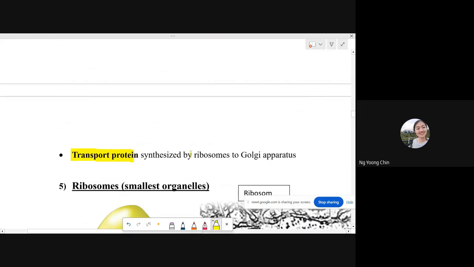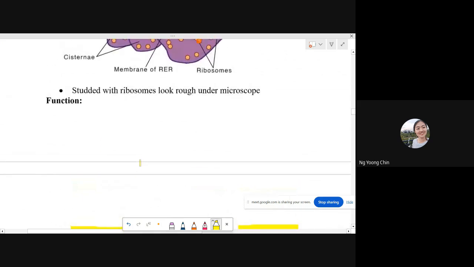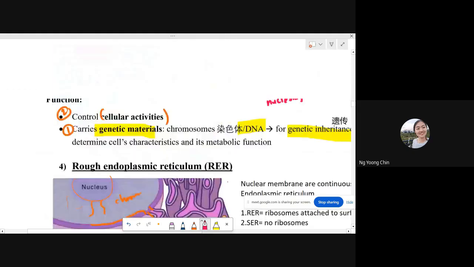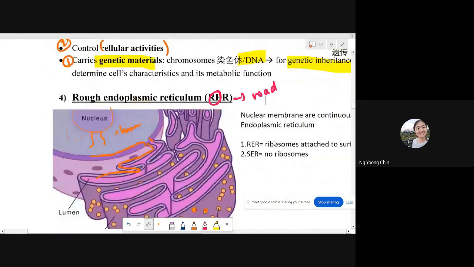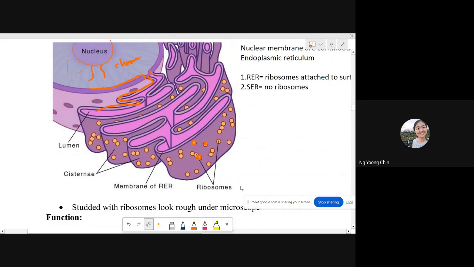You can imagine the rough endoplasmic reticulum is just like a railway track, just like a road. R stands for road. The road helps to transport the substances, the proteins, because the ribosome is able to synthesize protein.